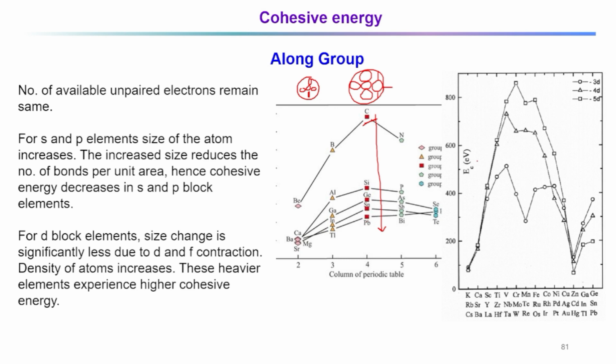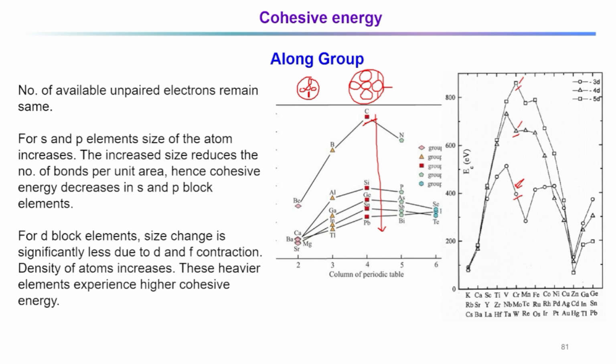Whereas in D block elements, this curve is for the 3D elements. Now if we go down, this one will be for 4D elements, and this one is for 5D elements. So this one is chromium, then if you go down molybdenum, and if you go down tungsten.